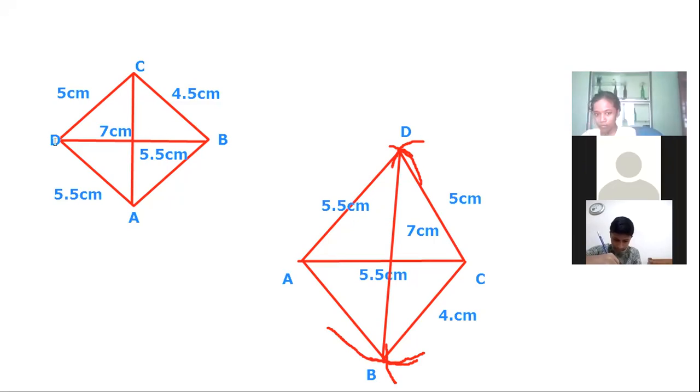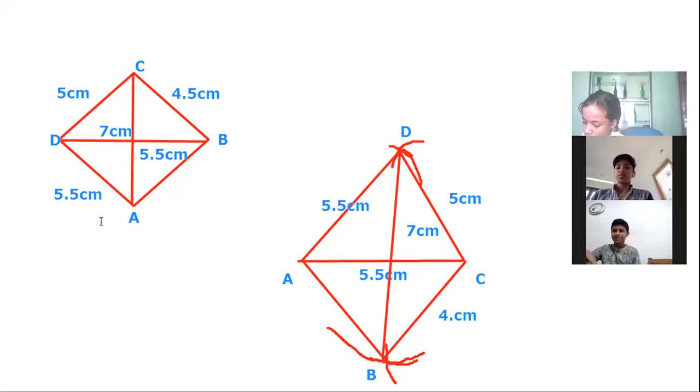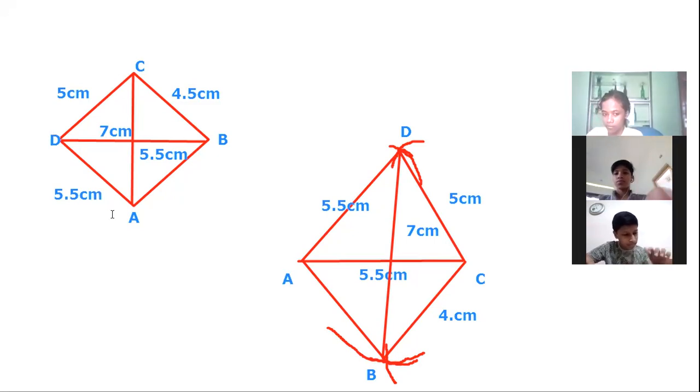First of all, we have to draw 1 diagonal, and after that we have to construct that respective triangle. After that, from the vertex, we have to draw the second diagonal.